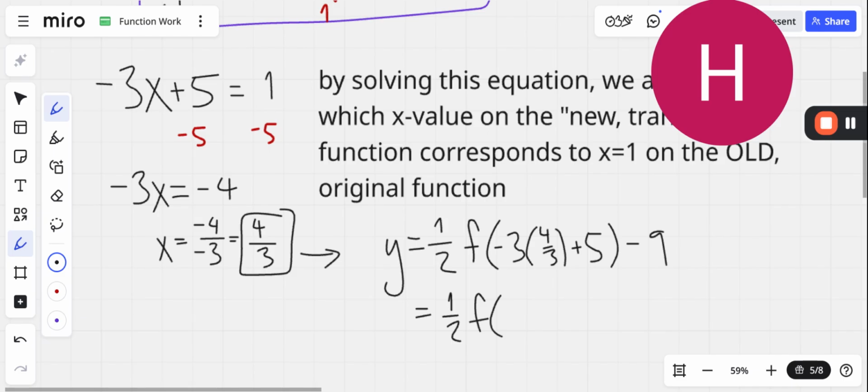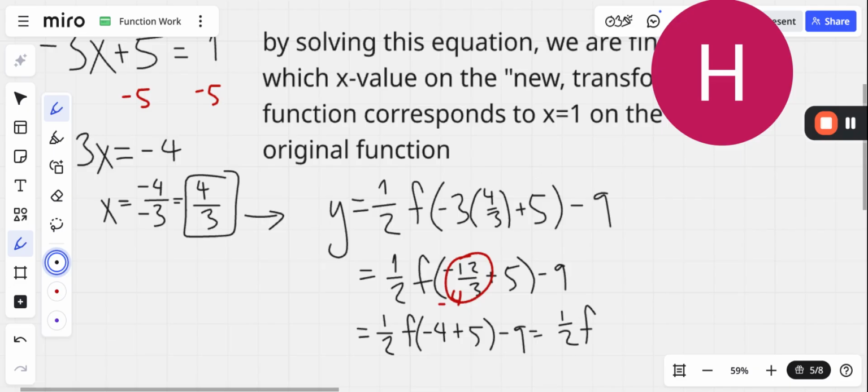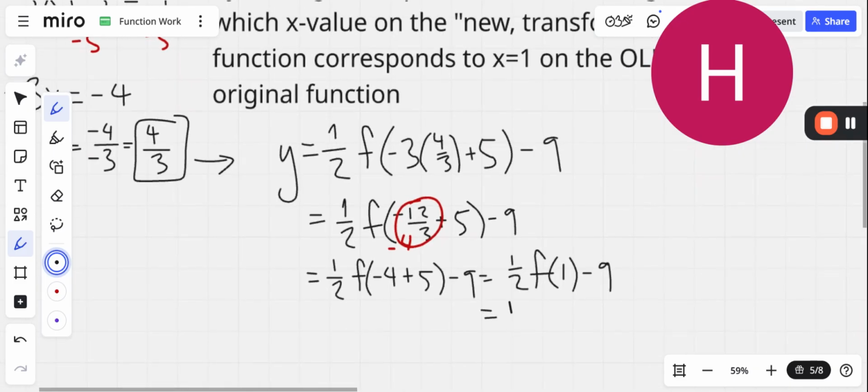So this is going to turn into negative 12 over 3 plus 5, which of course, since negative 12 over 3 is just negative 4, we're going to call this negative 4 plus 5. And inside of the function now, as desired, we have f of 1, which we know is equal to 10.